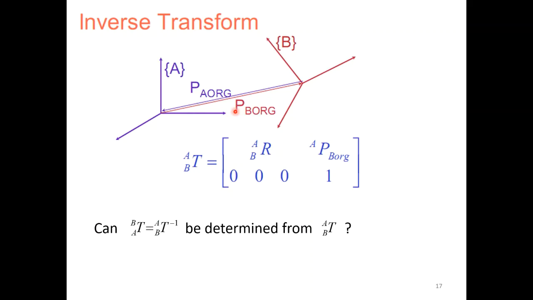So when you look at B from A, it is this red vector over here, PBORG. So when you see A from B, then you are referring to this PAORG.